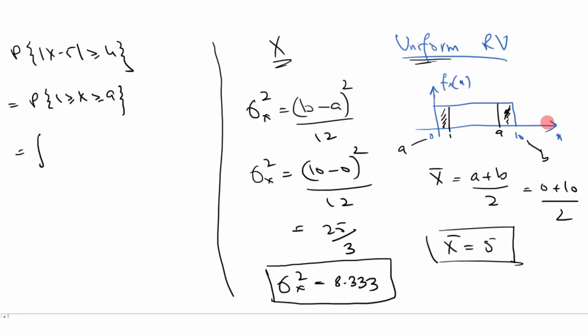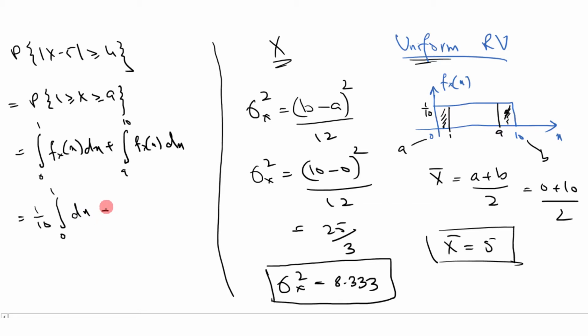You have to integrate this density function from 0 to 1 as well as from 9 to 10. It means you are integrating this density function whose magnitude is 1 by 10. So putting in the value of this density function, it is the integral of 1 by 10 from 0 to 1 dx plus the integral of 1 by 10 from 9 to 10 dx.